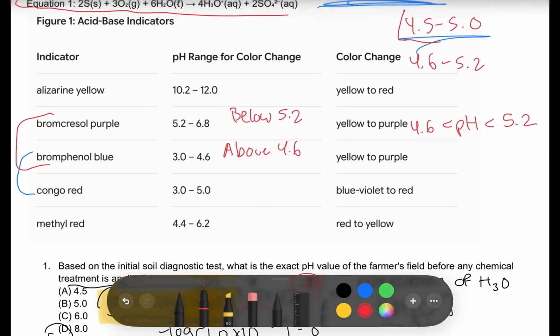Even though 4.5 somewhere falls right before 4.6, we still know that Bromophenol blue is going to end right around the target pH. And we know that Bromocresol purple is going to begin at 5.2, which is just above the target pH. So whenever you're doing these types of questions, you usually want a pair that brackets or takes into account the desired range from both sides.